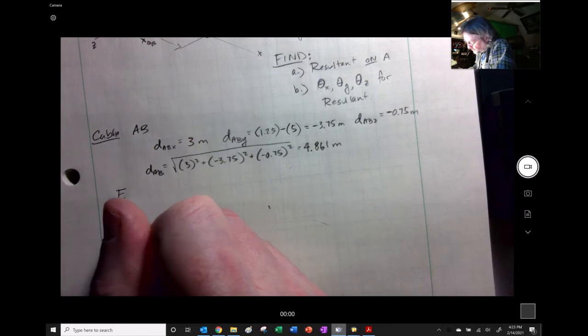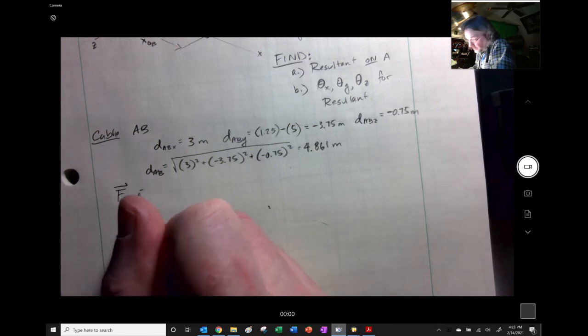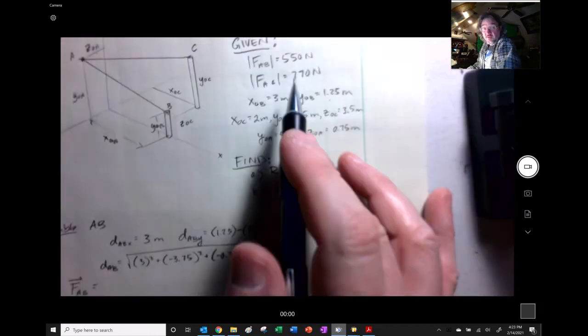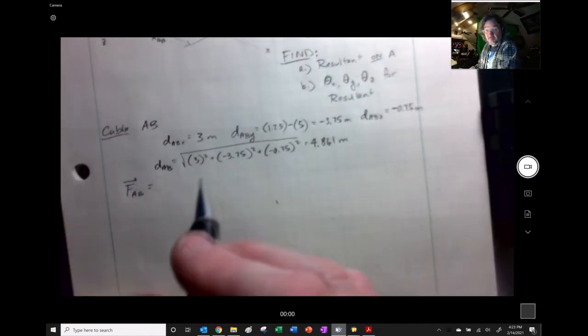The force on AB here is going to be 550 newtons.